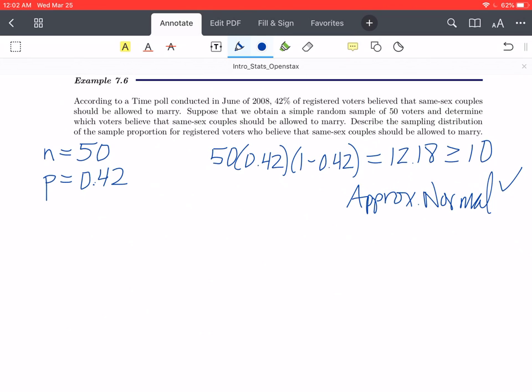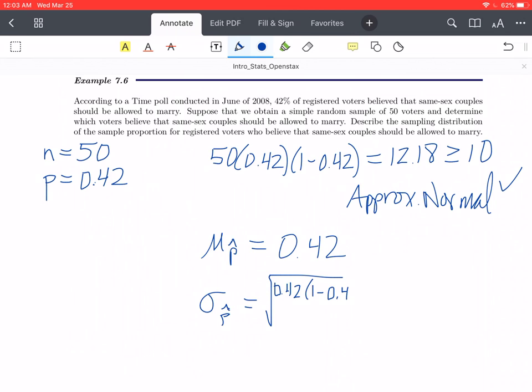And then the center, if we look at the mean of p hat, then this is just going to be p. So that's 0.42. So that tells us where the center is. And then the standard deviation of p hat, that's going to be the square root of 0.42 times 1 minus 0.42 over n, which in this case is 50.